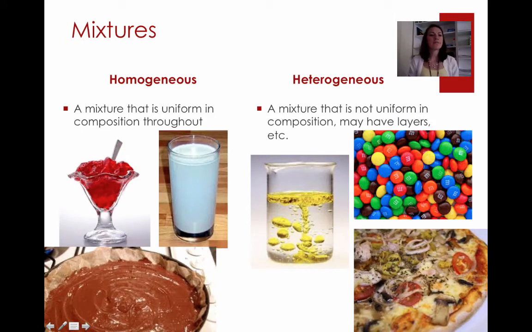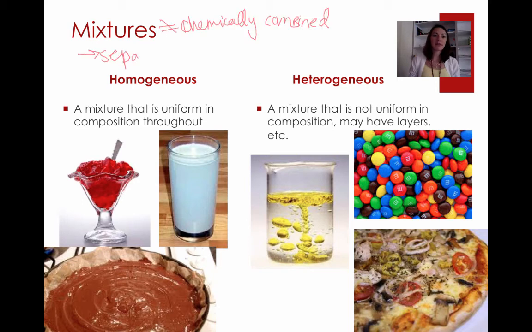Now we're going to move over to mixtures. We have 2 different types of mixtures: homogeneous mixtures and heterogeneous mixtures. A homogeneous mixture is a mixture that's uniform in composition throughout. A heterogeneous mixture is not uniform. It might have layers. It looks like you can separate it. It doesn't look the same throughout. It's important to know that mixtures are not chemically combined.